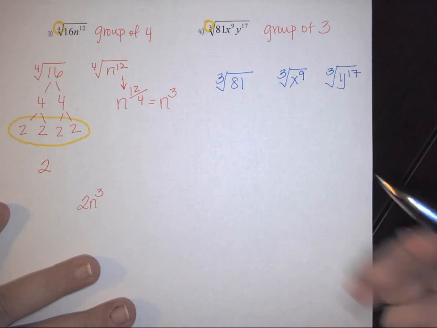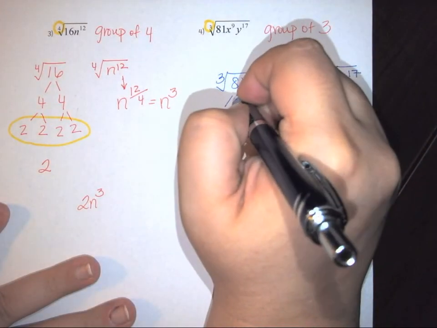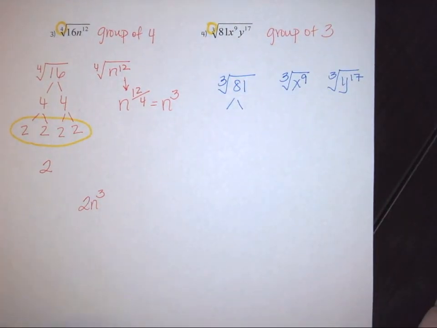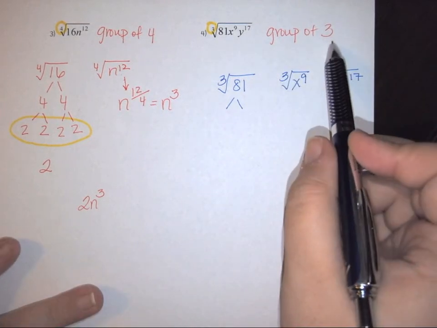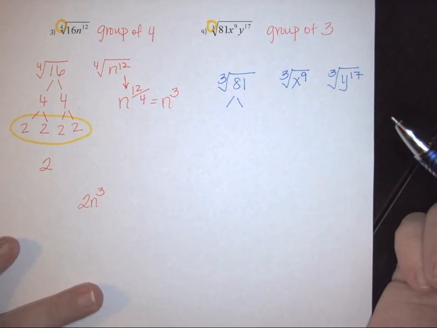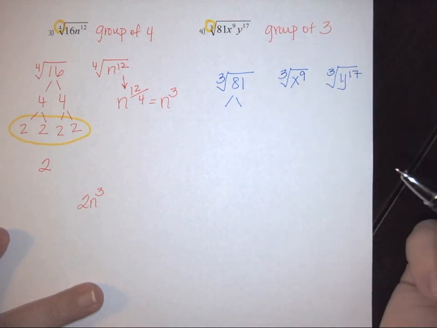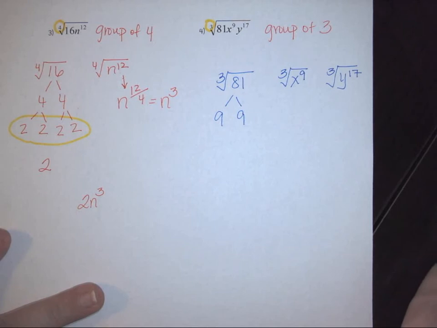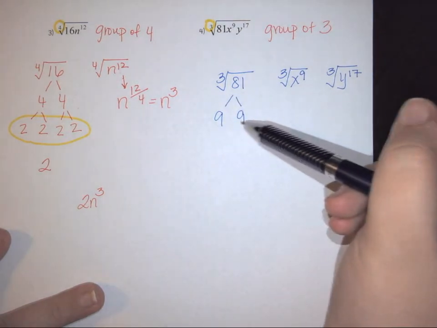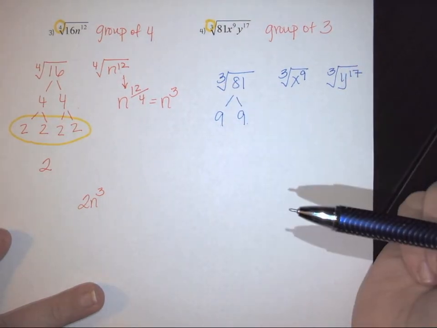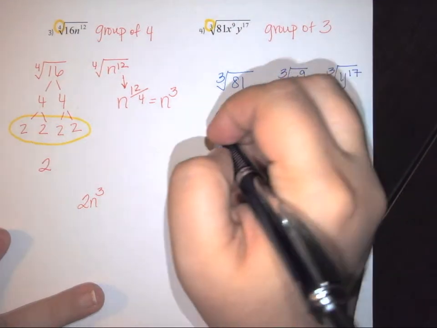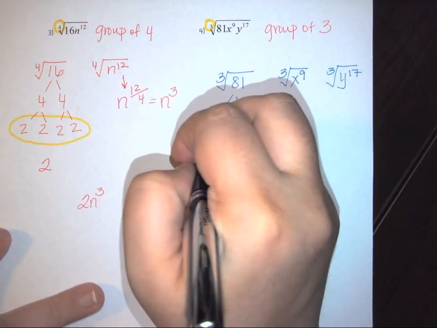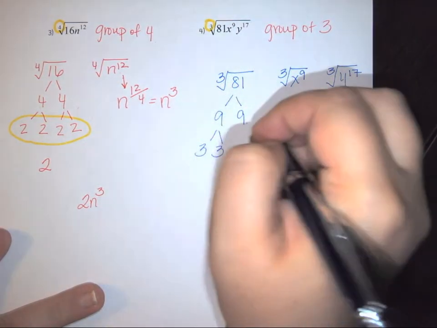So again, the first thing I would do is start breaking down my 81, and in this case what you need to remember is that I am looking for a group of 3, not just simply a group of 2. So when I look at 81, immediately I see 9 times 9. So this is 2 identical members, but I need 3, so I have to break it down again. Breaking down my 9s gives me 3 and 3.